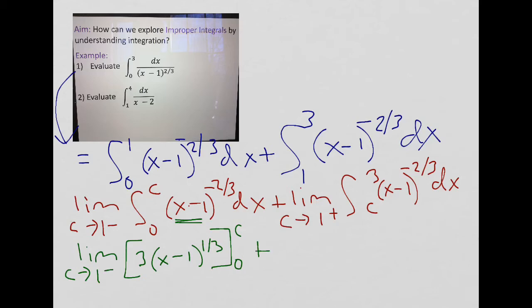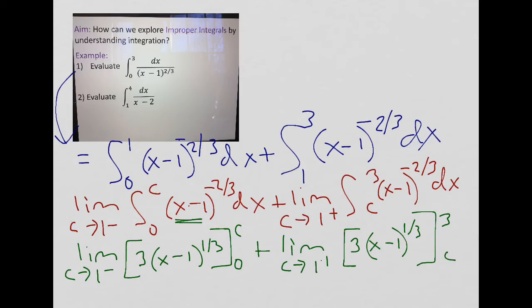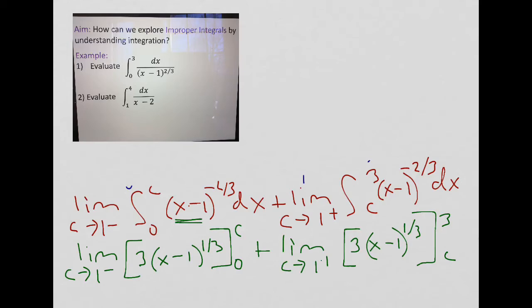Same thing over here. Be careful of the notation. When I say same thing, I'm still getting 3 times (x minus 1) to the 1/3. I'm going to be plugging in 3 and c. So let me erase some of this and continue. At this point, we're going to plug in c and 0, and then plug in 3 and c.